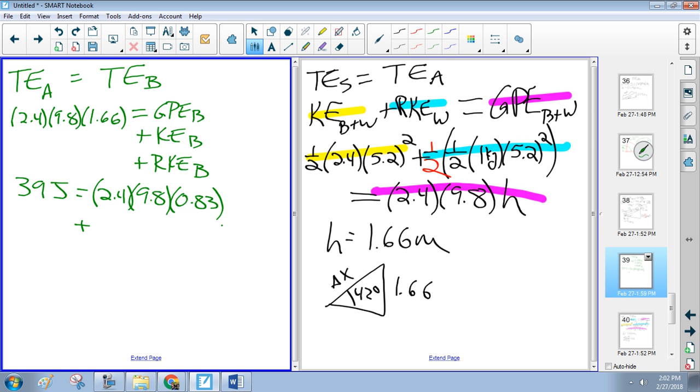Plus, all right, talk to me, you guys, about KE. 1/2 what? Total mass times v squared. So that's my KE. Notice I used the total mass because the body and the wheels have kinetic energy. Plus RKE.